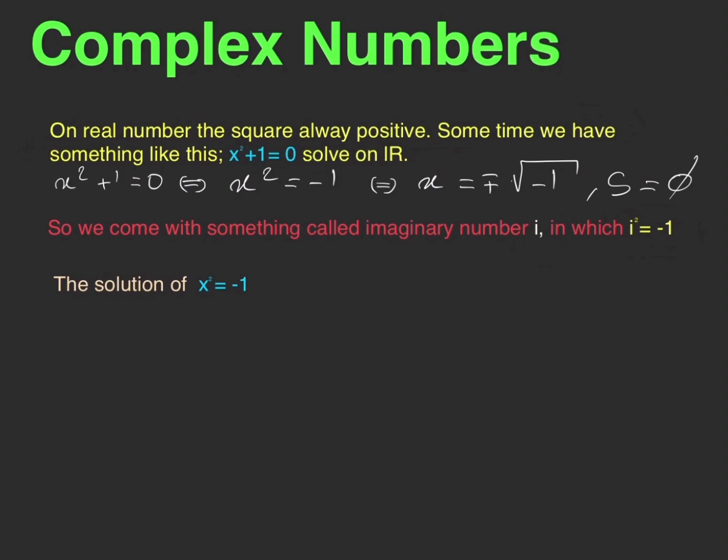This equation gives us x equal to plus or minus the square root of minus 1, which gives us plus or minus i. So that's the solution of this equation in complex numbers.